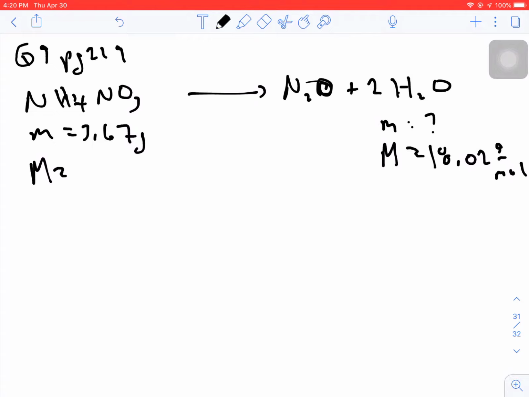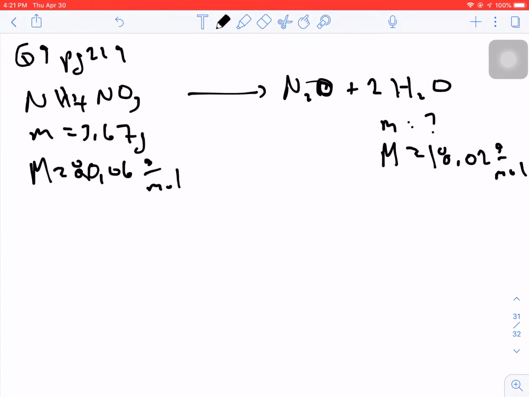And on the left side, I've got NH4NO3, so I've got 2 nitrogens, which is 28, 3 oxygens, which is 48, so 28 and 48 is 76, plus 4 hydrogens makes it 80, and all the 0.01s, 80.06 grams per mole is my molar mass for ammonium nitrate.